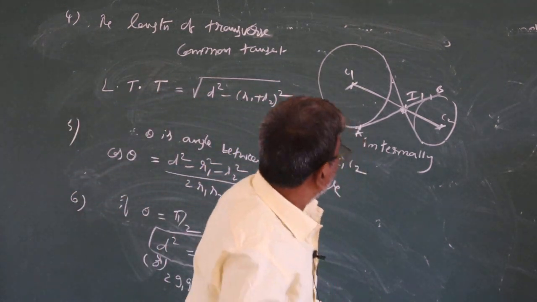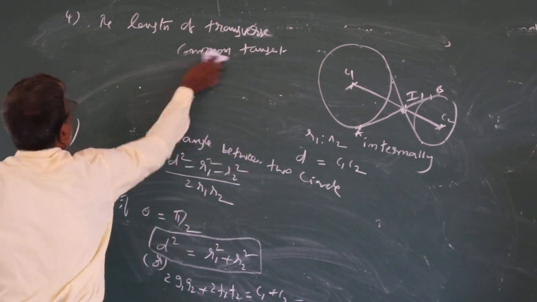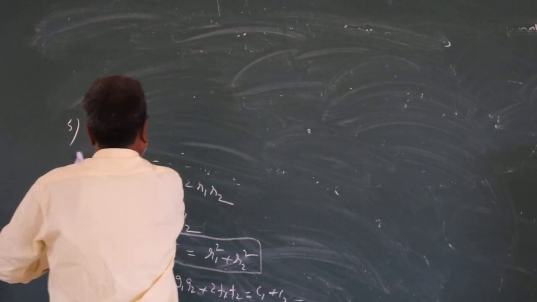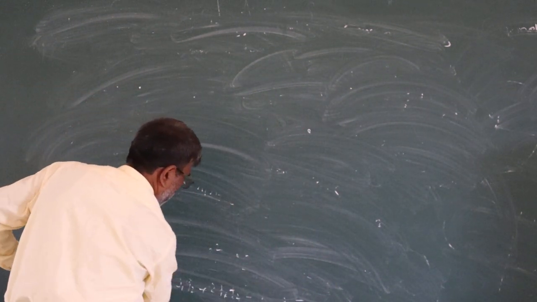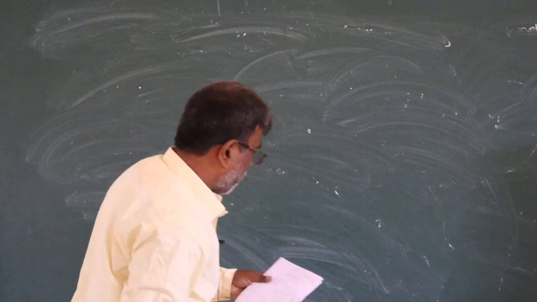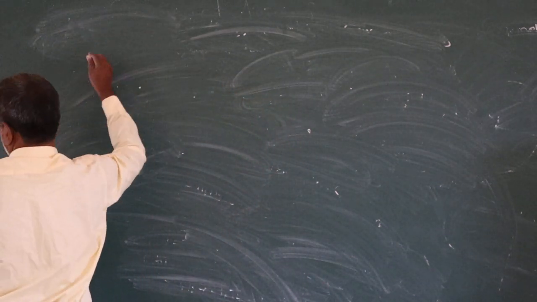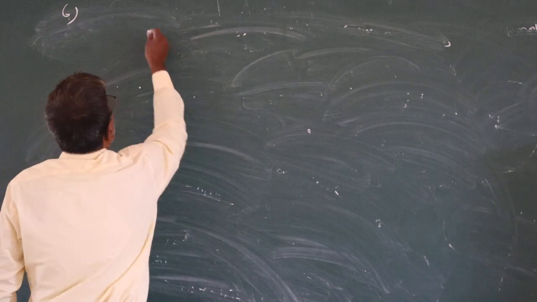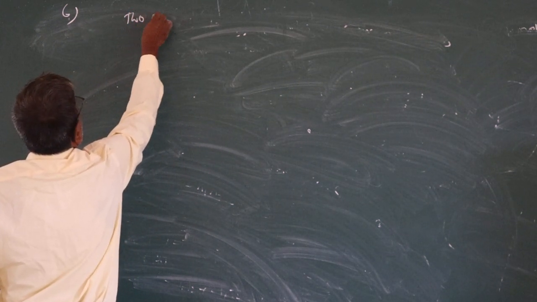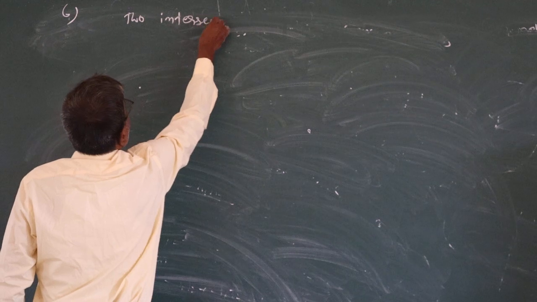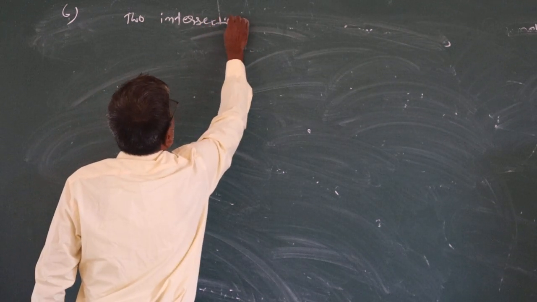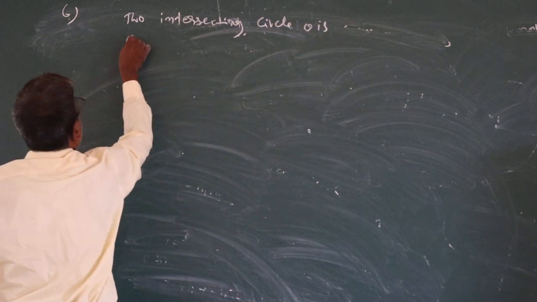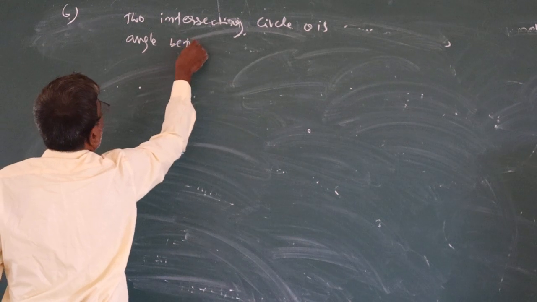Suppose I am explaining one more concept. Two intersecting circles, where theta is the angle between them.